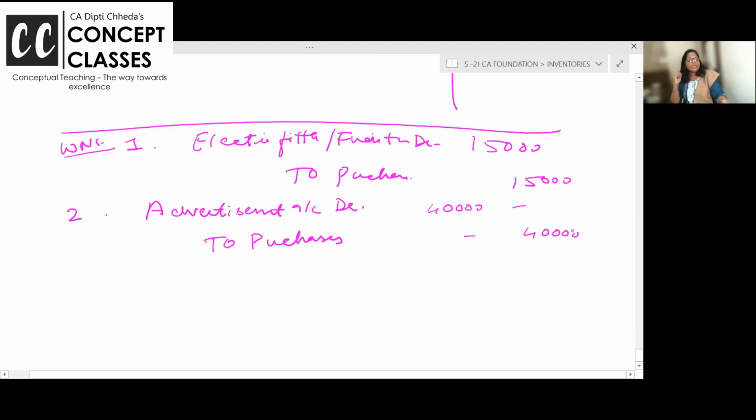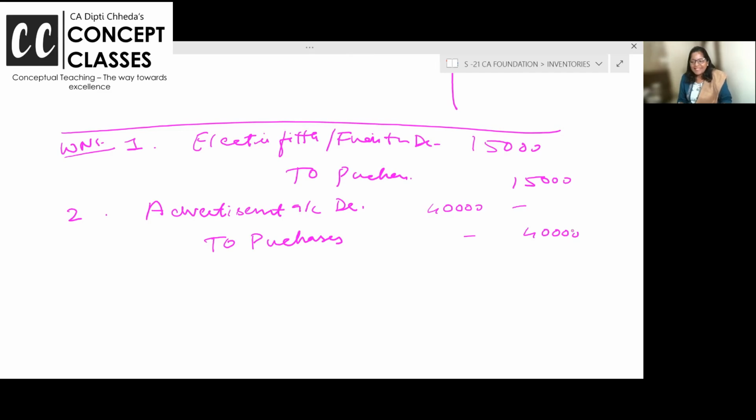Is it clear to you? Advertisement account debit to purchases.